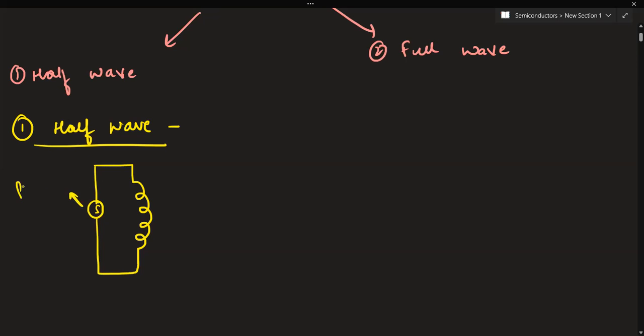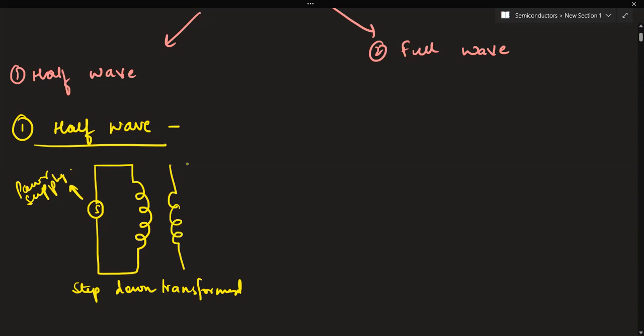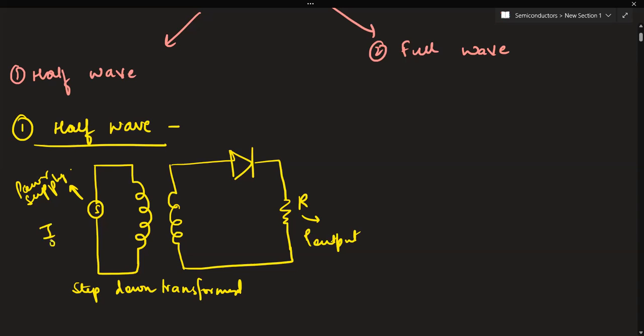So the half wave rectifier consists of a transformer and a junction diode. This is a load resistance that is connected for the output, and this is the current for the input.